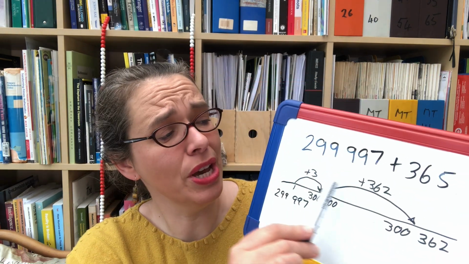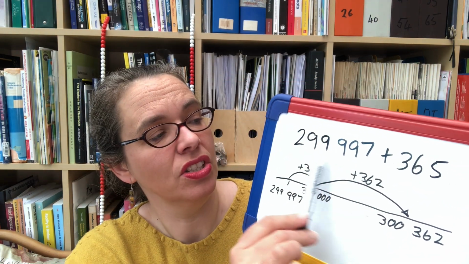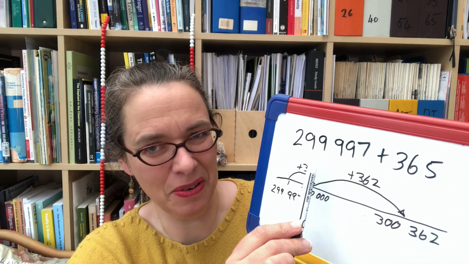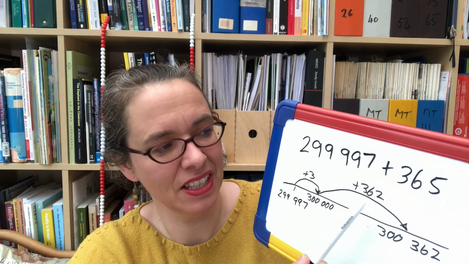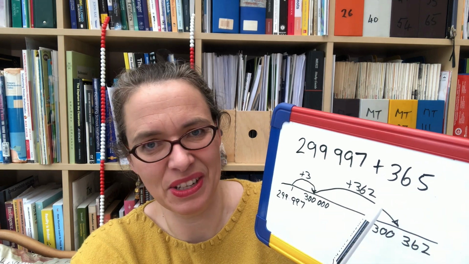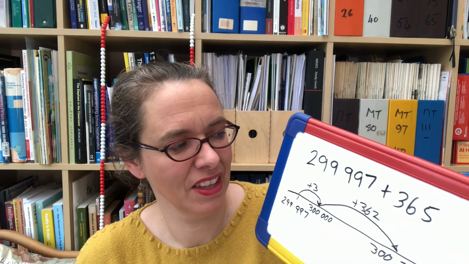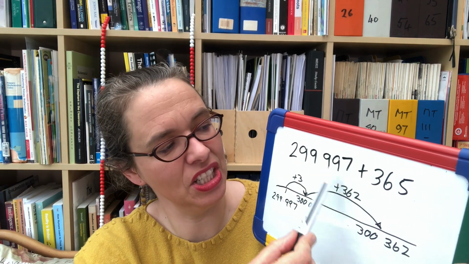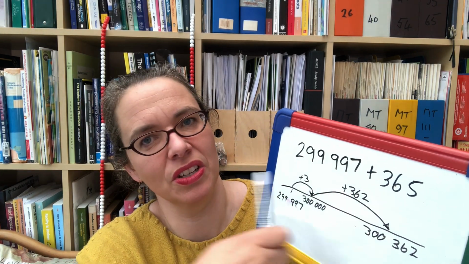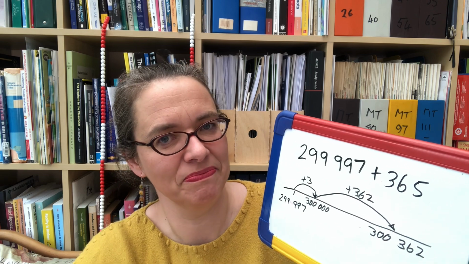So where one number is close to quite an easy number to imagine, it's just below it, this is a great strategy to use. And you can check this with column addition, but column addition is fiddly with these numbers because you're going to have to exchange several times.